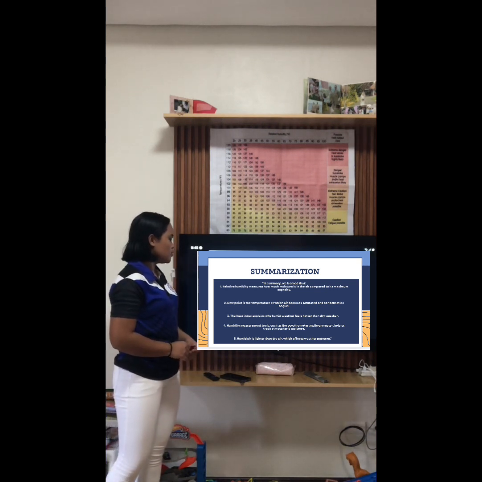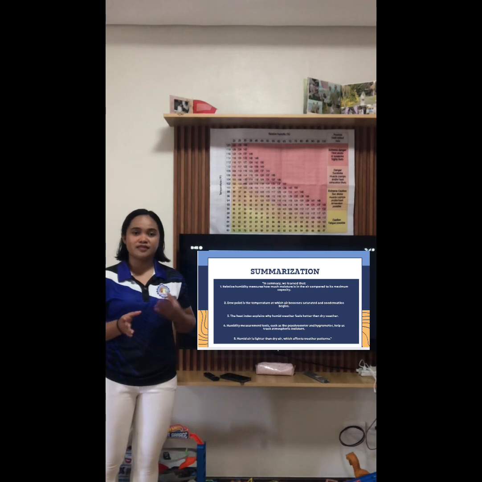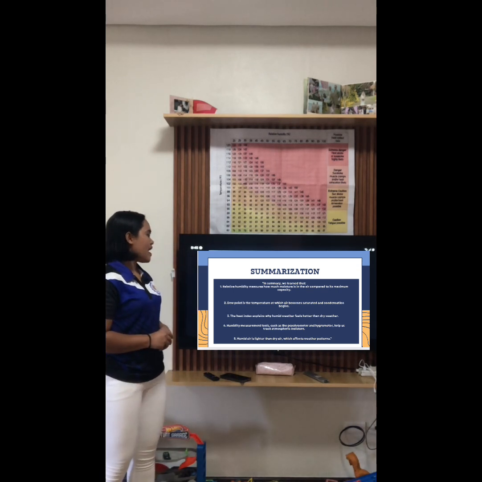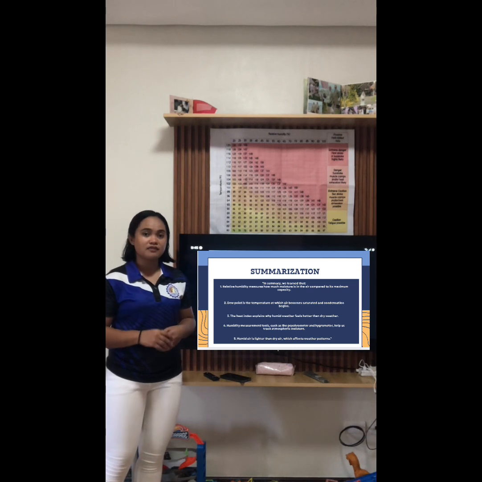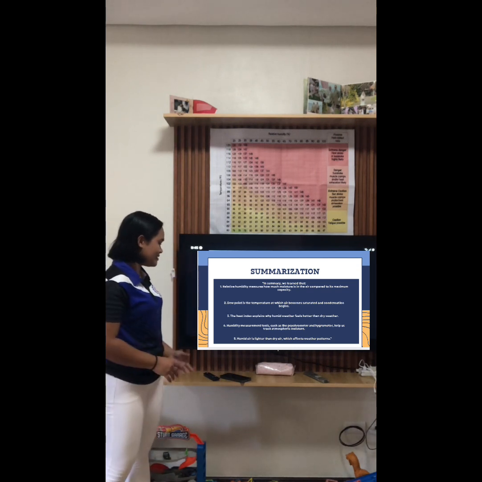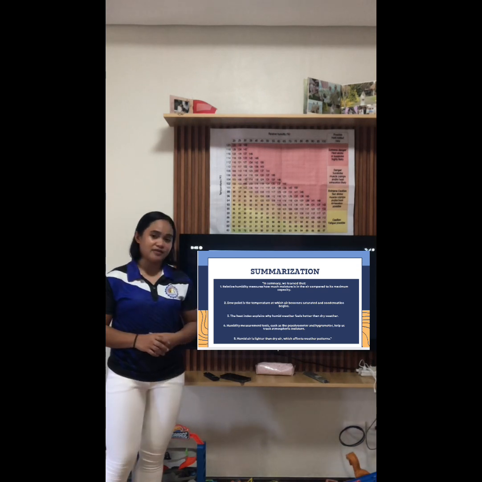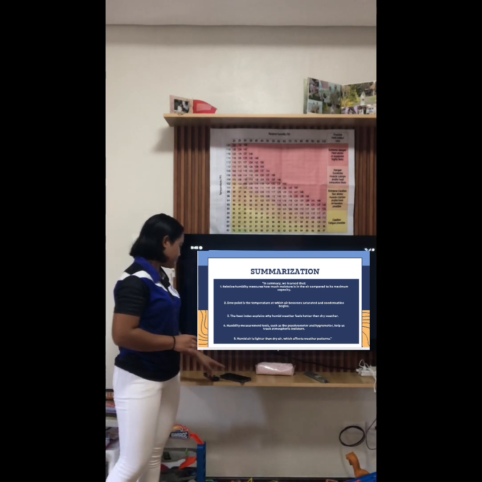Humidity measurement tools such as the psychrometer, the sling psychrometer, and the hygrometer help us track atmospheric moisture. Lastly, humid air is lighter than dry air, which affects weather patterns.